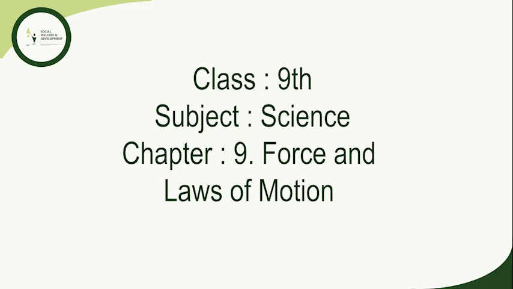So the total momentum before collision will be 60 into 5 meters per second plus 55 into minus 6 meters per second, which would be equal to minus 30 kilogram meters per second. Now if v is the velocity of the two entangled players after collision, the total momentum then will be equal to (m1 plus m2) into v, that is (60 plus 55) v, that is 115 v. Equating the momenta of the system before and after collision, we get v equal to minus 30 by 115, that is v equal to minus 0.26 meters per second.